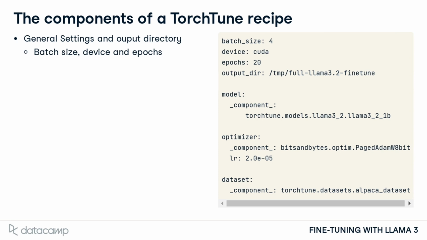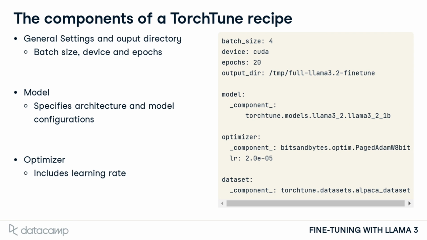All outputs, including logs and checkpoints, will be stored in the directory specified in output there. The model component points to the architecture and model version. In this case, a 1 billion parameter model from the Llama 3.2 series. For optimization, we select a memory-efficient optimizer based on the Adam optimizer.